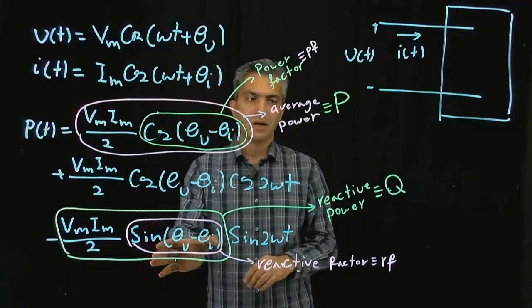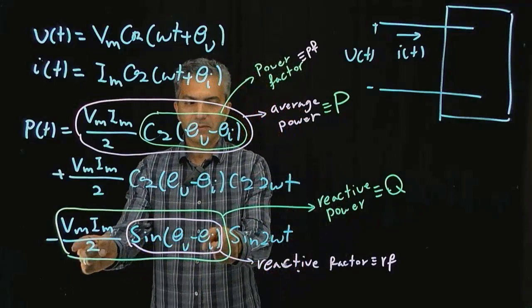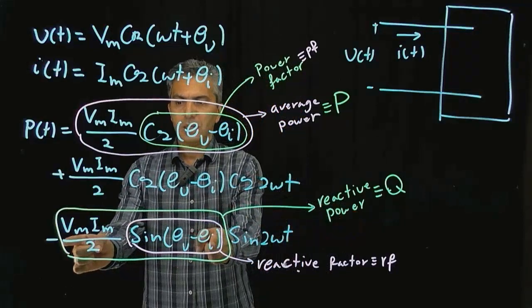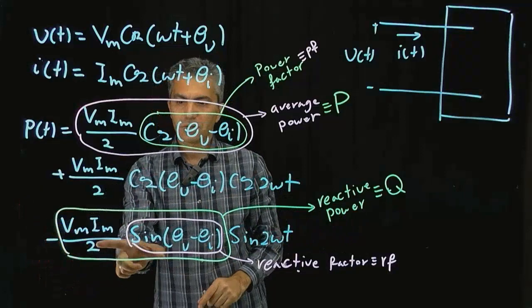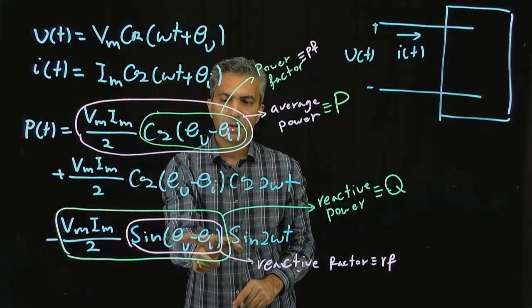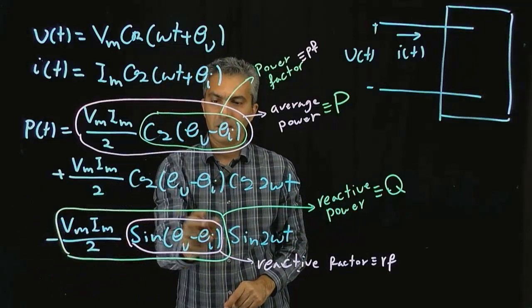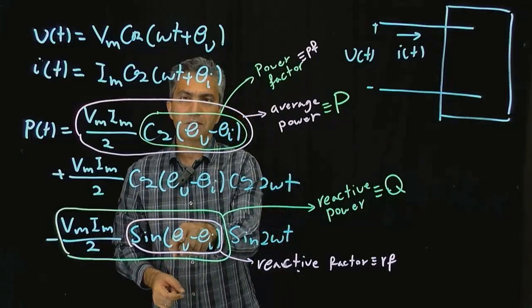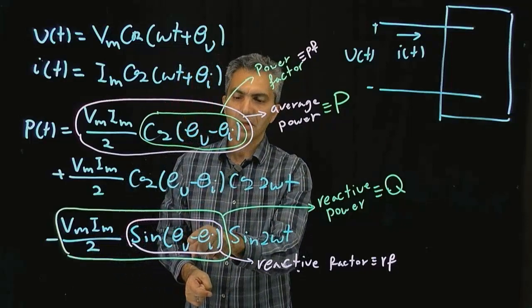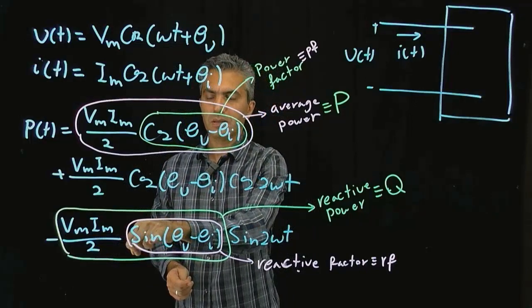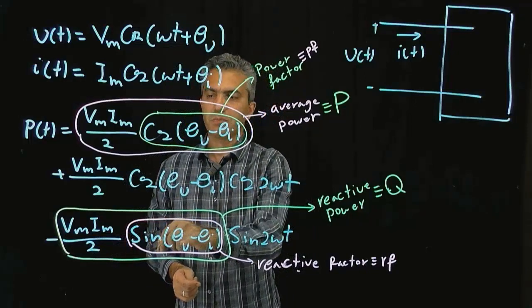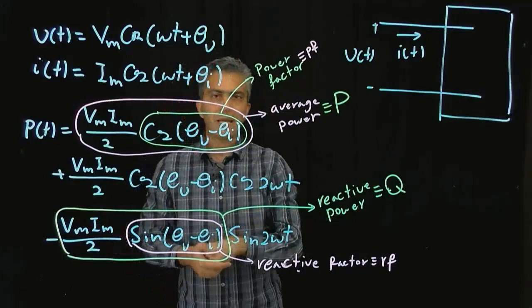Now, in the case of an inductor, this whole value Q ends up being a positive number because this is 90 degrees. In the case of a capacitor, because the voltage is 90 degrees behind the current, this would be minus 90 degrees, and sine of minus 90 is minus 1, so Q would be a negative number.